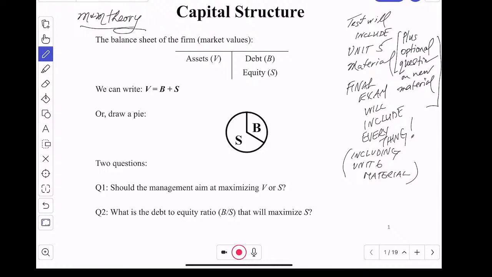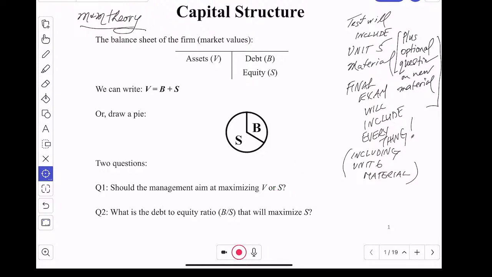All right, so I began discussing, should management aim at maximizing the entire pie or just the shareholder equity? Because shareholders ultimately are the owners of the firm, and they will continue to support a board of directors that hires management that gives them profits, right?